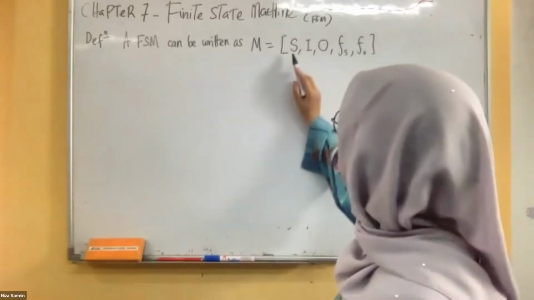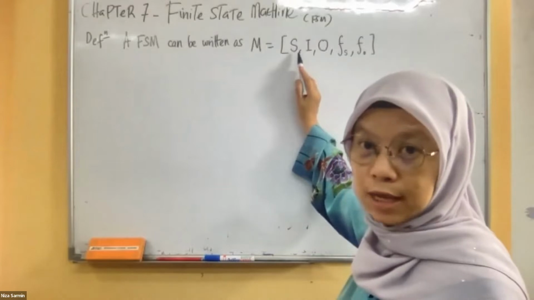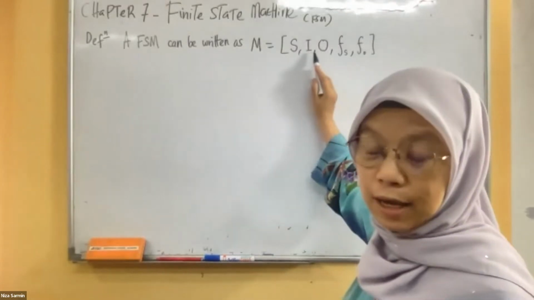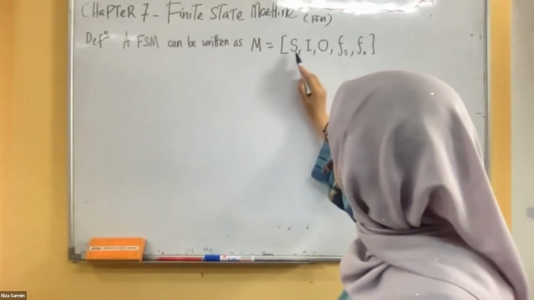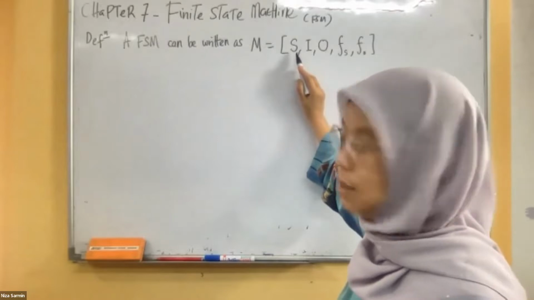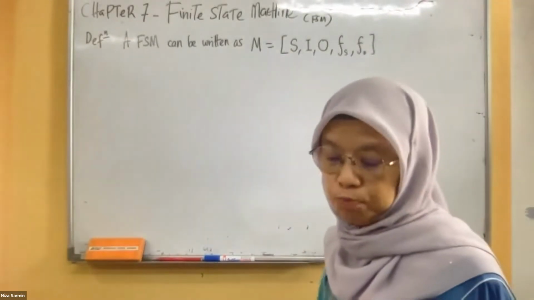So this is the finite input set. Yeah, that's the I. I have to have the finite state S. S is a finite state. This is a finite input. This is a finite output.